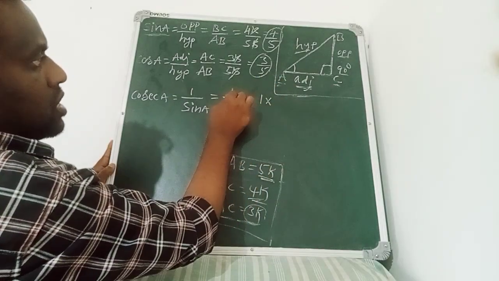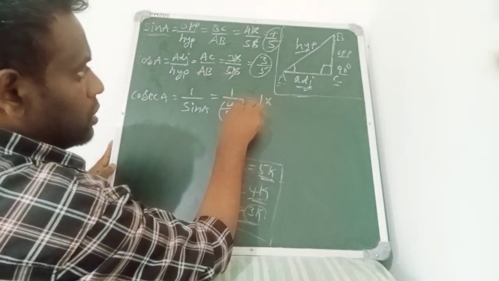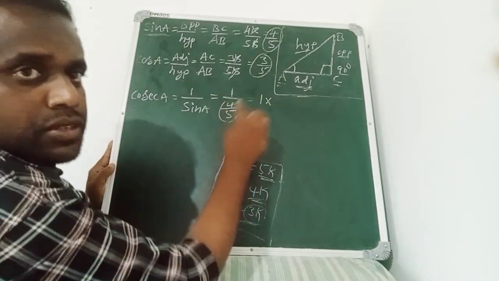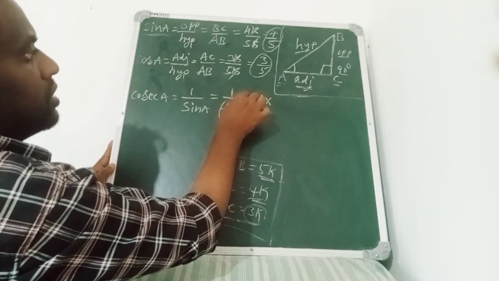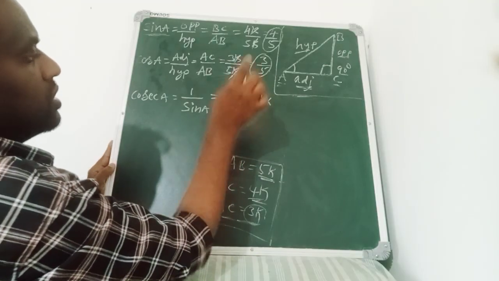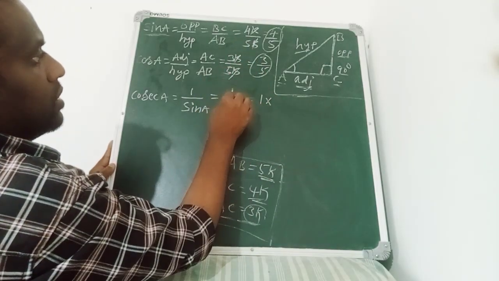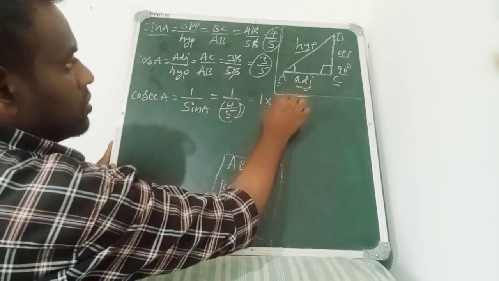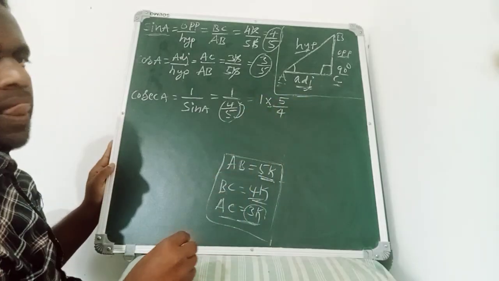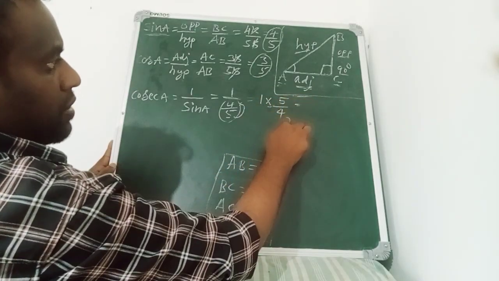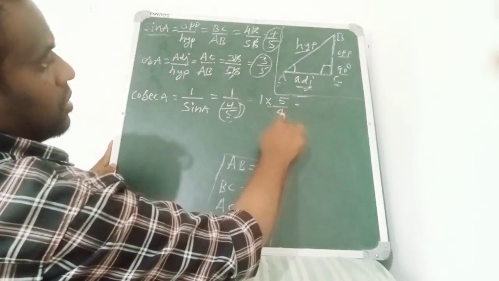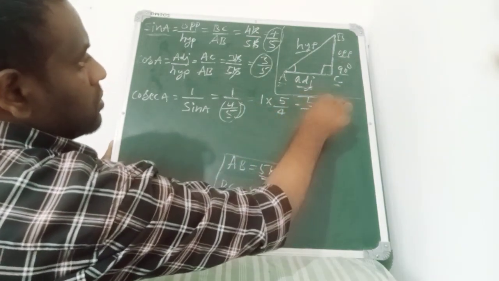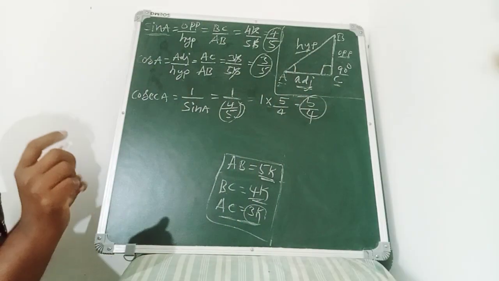When you change this division into multiplication, these things will interchange. 4 comes down, 5 goes here. So 4 by 5 becomes 5 by 4. So 1 into 5 by 4. Anything into 1 we get the same thing, 5 by 4 only. Okay, this is done.